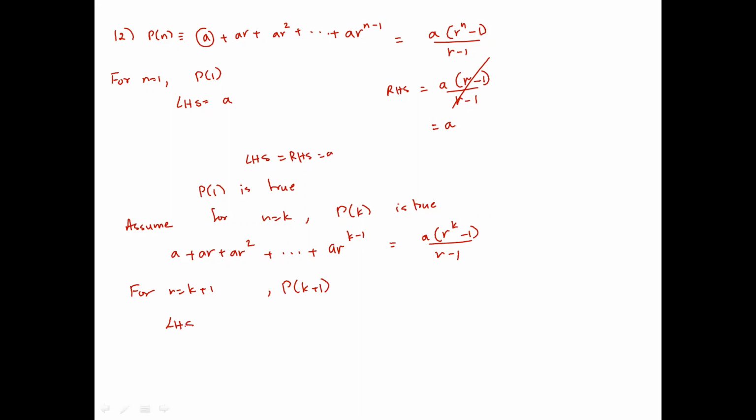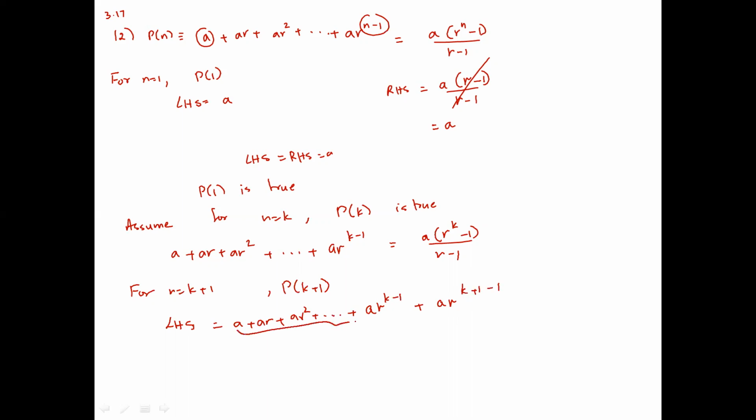First, I will start with the left hand side. I will have a plus ar plus ar squared. First, I will put n as k, so ar power k minus 1. Then for the next term, I will put n as k plus 1, so k plus 1 minus 1.